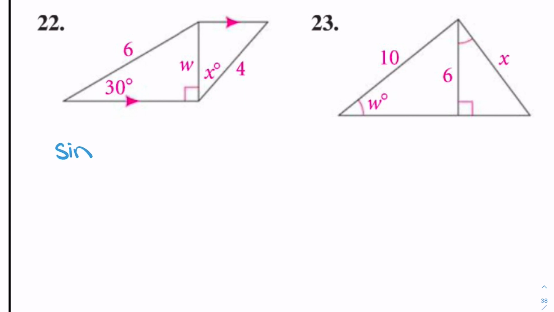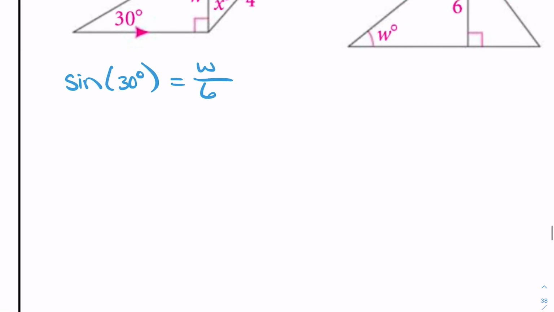So the sine of 30 degrees is equal to the opposite w over the hypotenuse. I'm going to multiply both sides by 6. So w equals 6 times sine of 30 degrees.